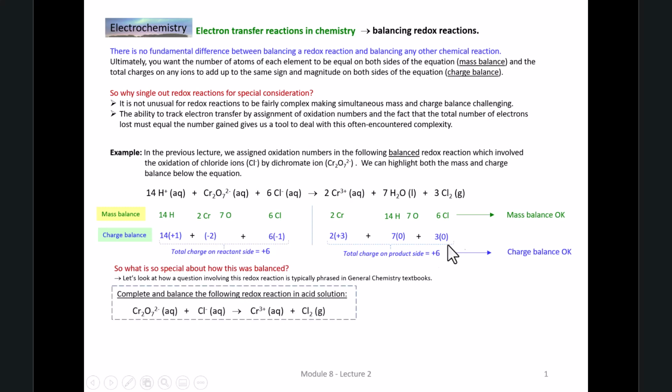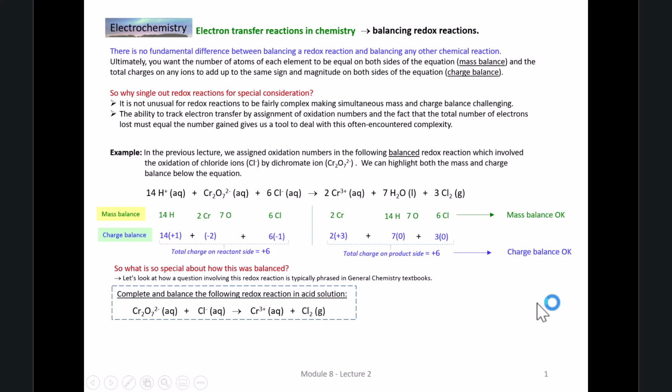So this would be not an uncommon way to see a question involving getting this balanced equation, and that would be: complete and balance the following redox reaction in acid solution. Dichromate plus chloride going to chromium 3 plus and chlorine the element.